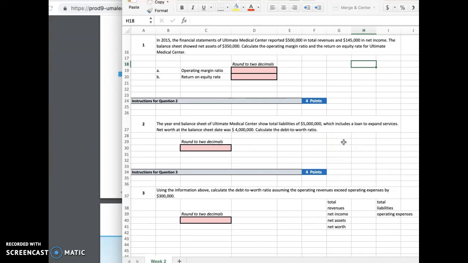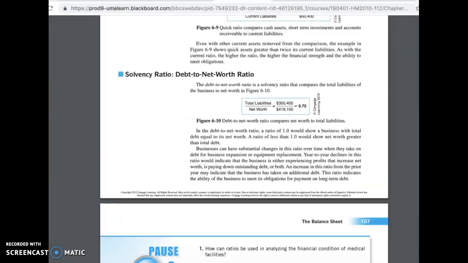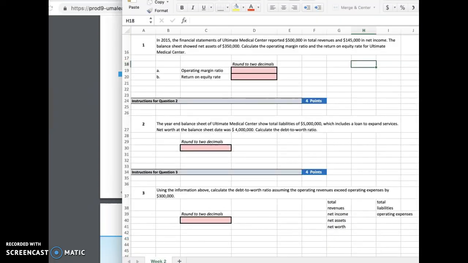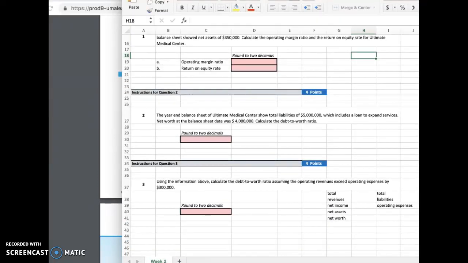It gives you the liabilities as well as the net worth, and so you're going to use that. You're going to plug it into this equation for a solvency ratio, and then you're going to put your answer in and make sure you put it to 2 decimals. So if you ended up with the answer 99.9%, you would put 0.99.